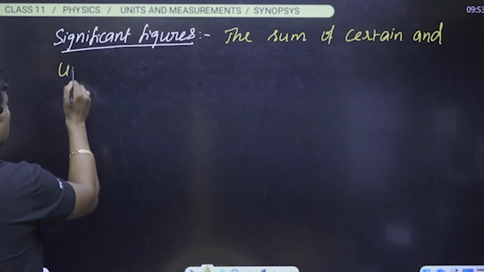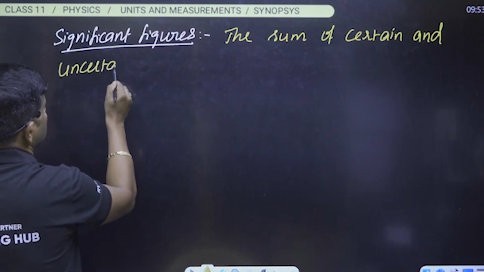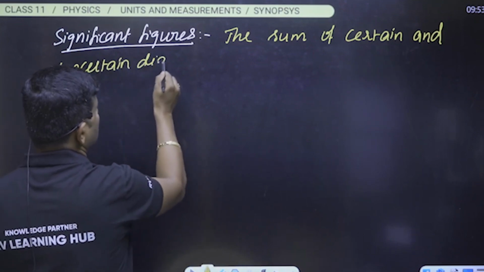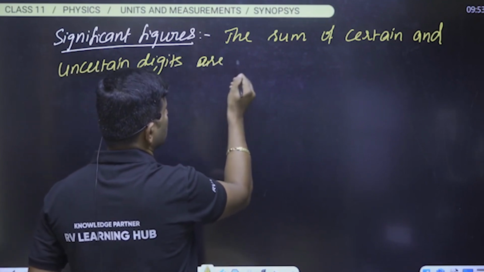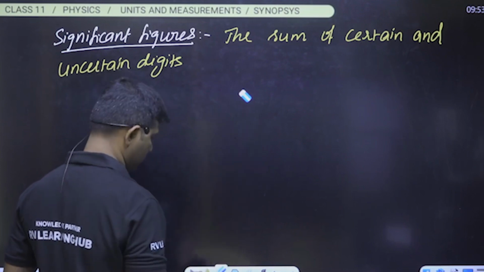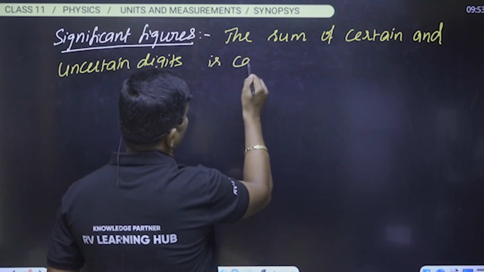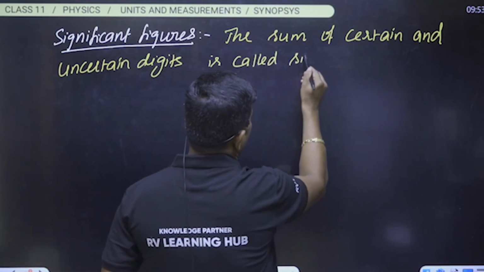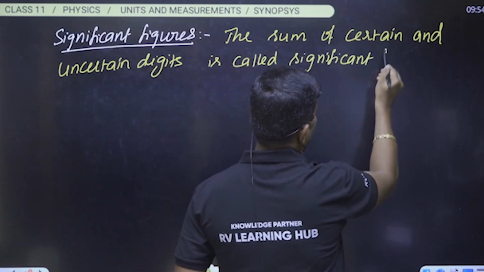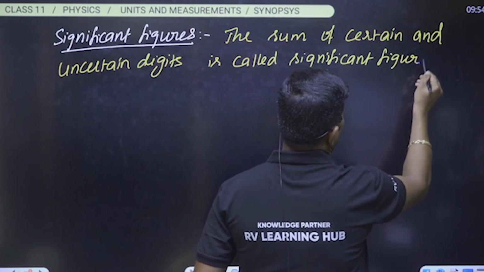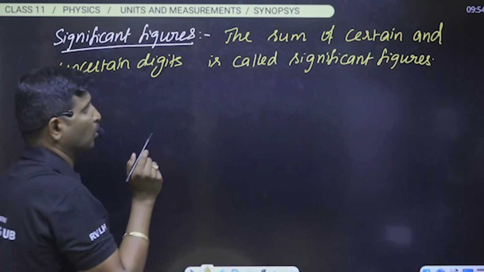The sum of certain and uncertain digits is called significant figures. Is it clear? So please make a note.